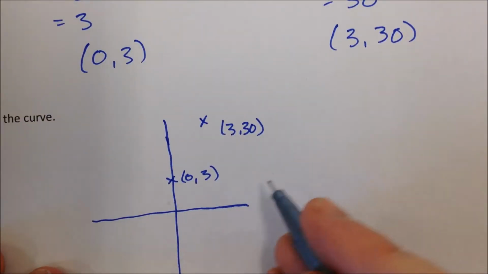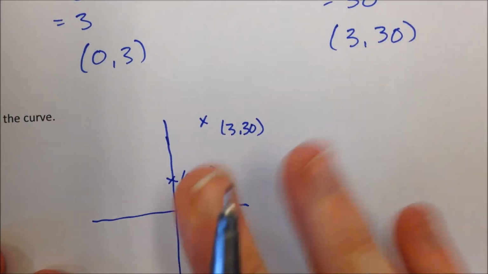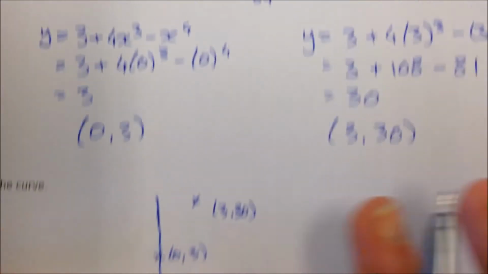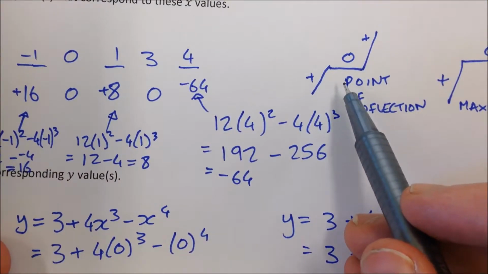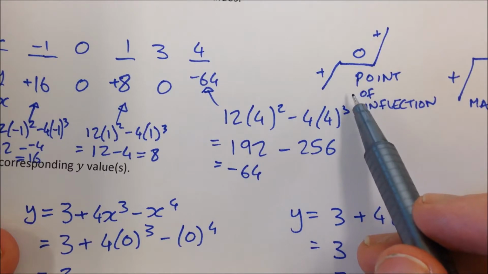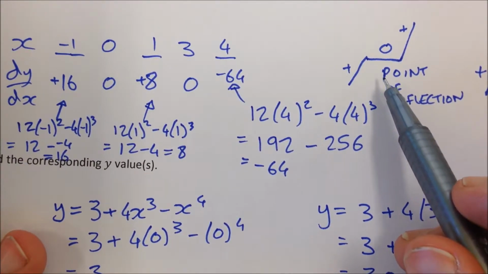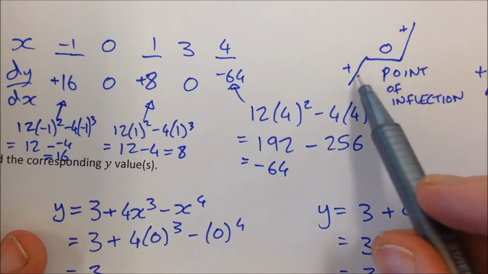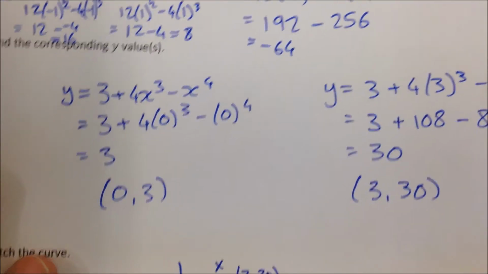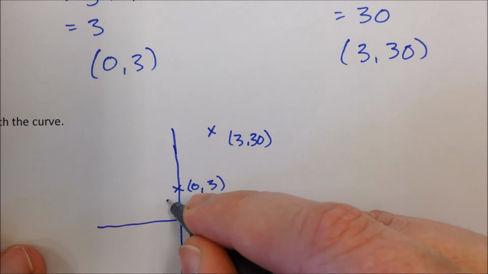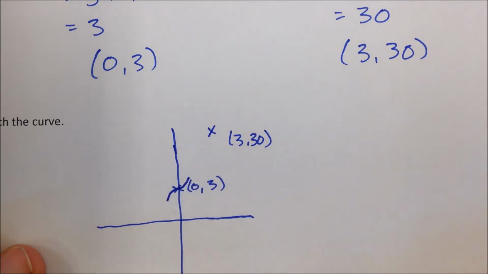It doesn't have to be to scale, obviously, just make sure it's in the right quadrant. Right, first of all, on the left we have a point of inflection. So we're going to go on this graph like that.